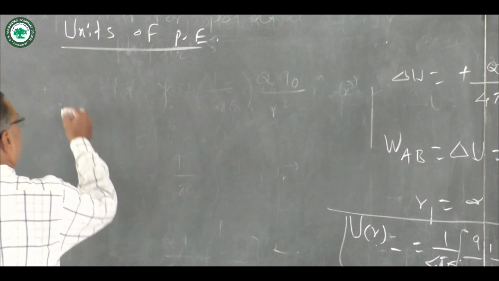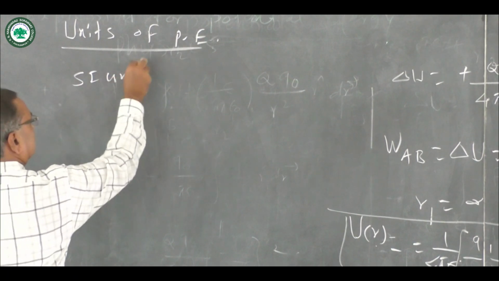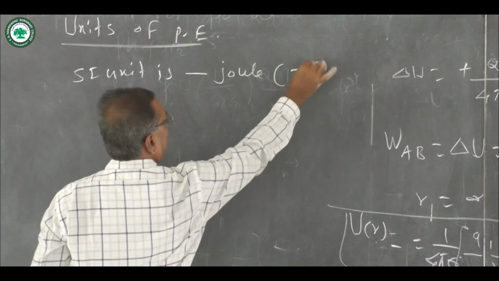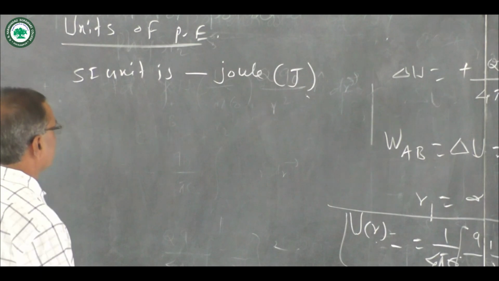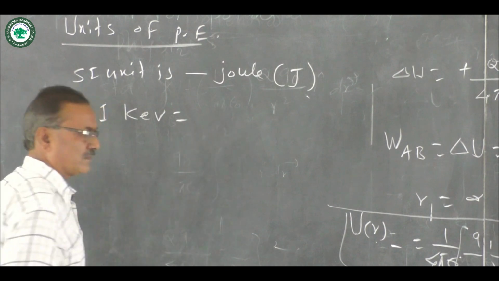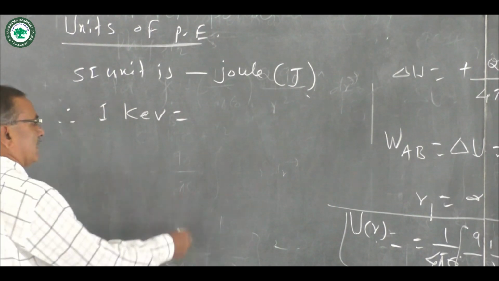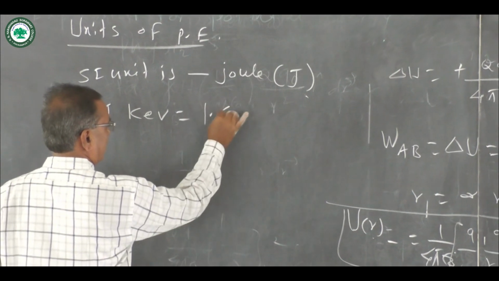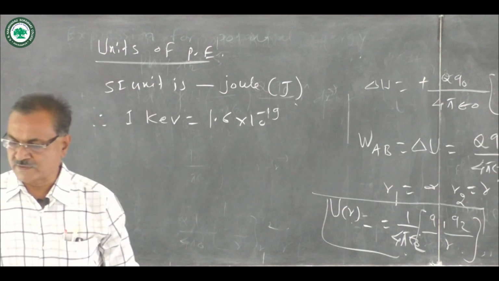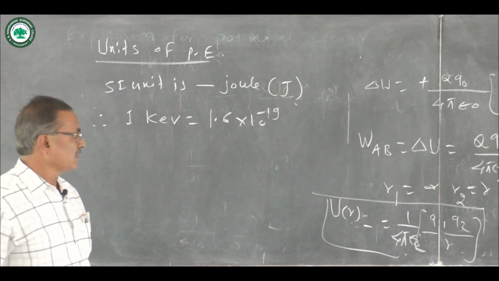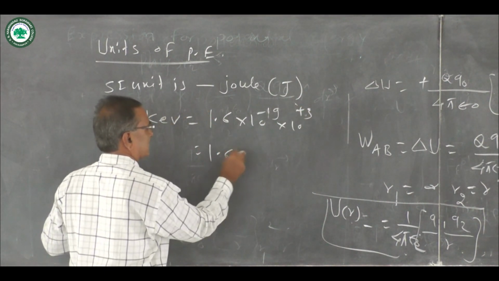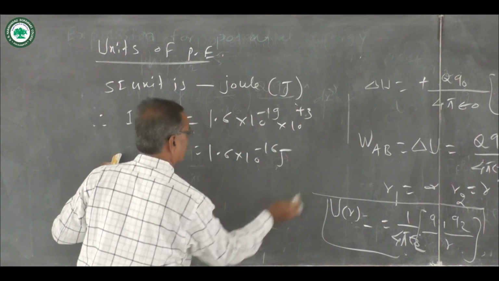So therefore its SI unit is joule, and it is denoted by letter capital J. So therefore 1 kilo electron volt is equal to 1.6 into 10 raised to minus 19 into kilo, means 10 raised to 3, so is equal to 1.6 into 10 raised to minus 16 joule.